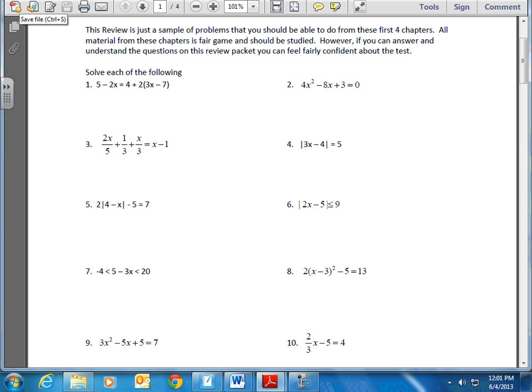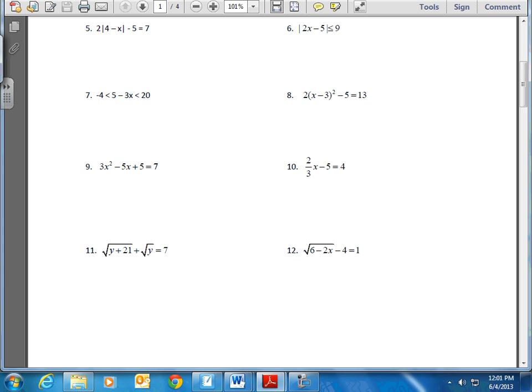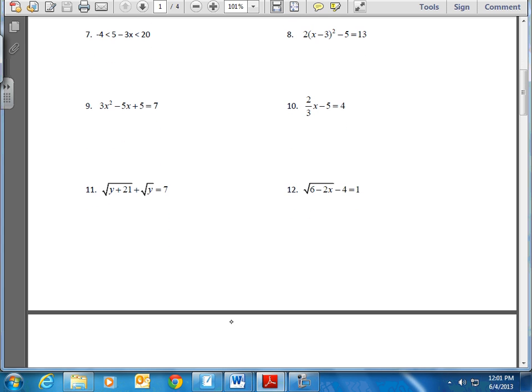My eraser's going slow. Okay, question 7. Question 7, we have what's called a compound inequality. We need to solve both of them at the same time. So if I just had the 5 minus 3x is less than 20, to solve that we would subtract 5 from both sides.